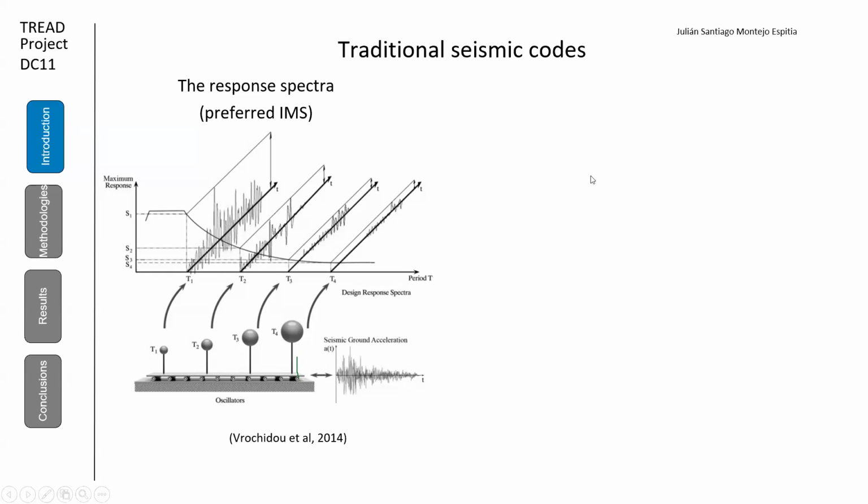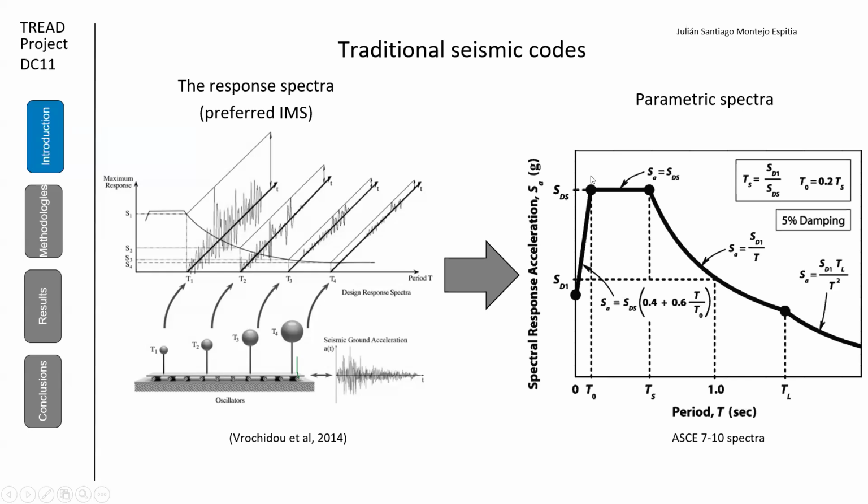And we, as engineers, like life really easy. So the codes include, okay, you don't need to estimate the response spectra. We provide you a parametric spectra. So depending on some factors, we suggest a spectra for how to design your building, depending on the hazard and the type of building you need.